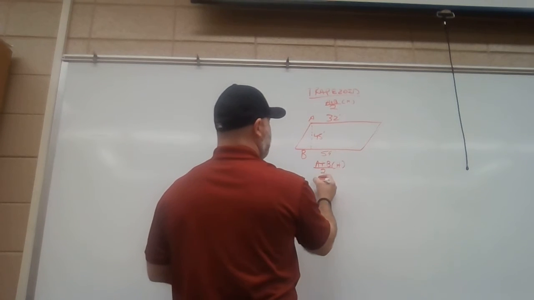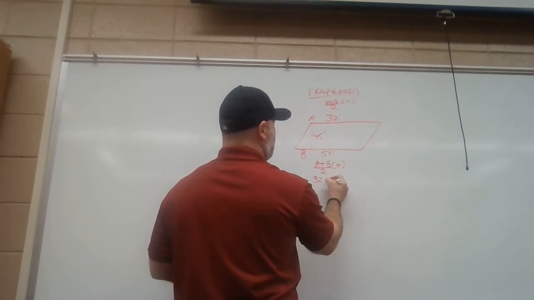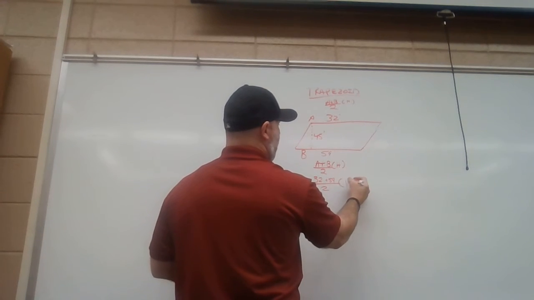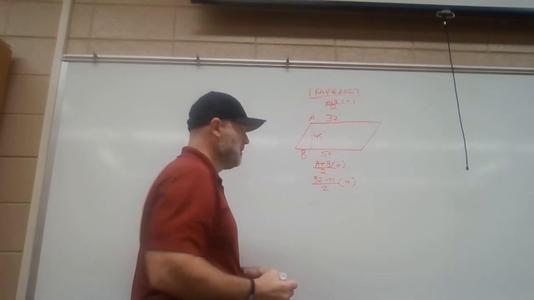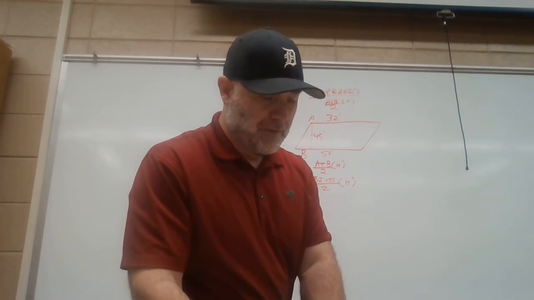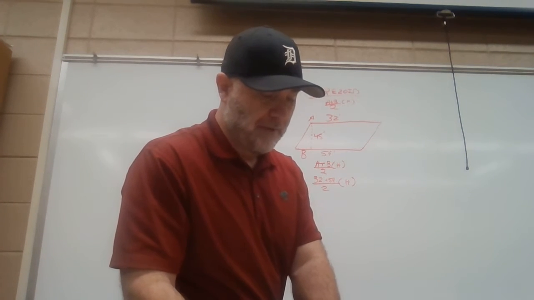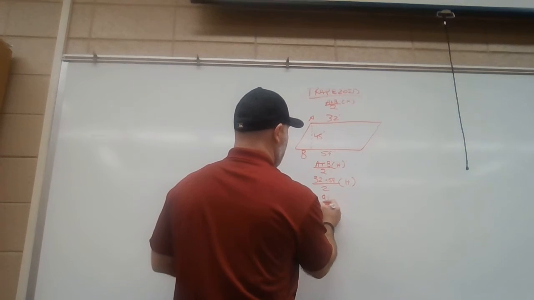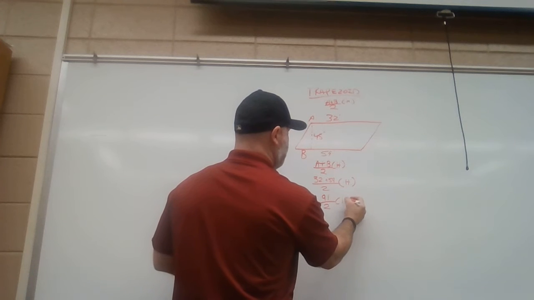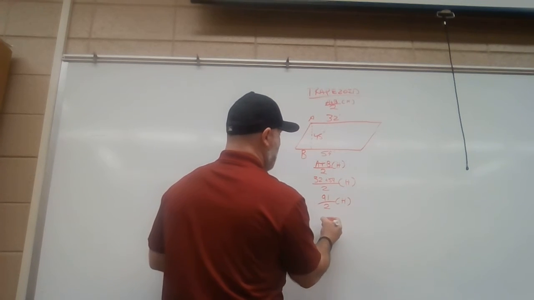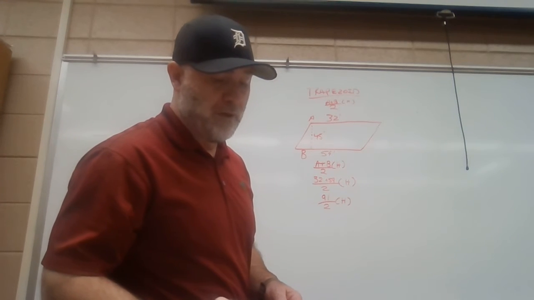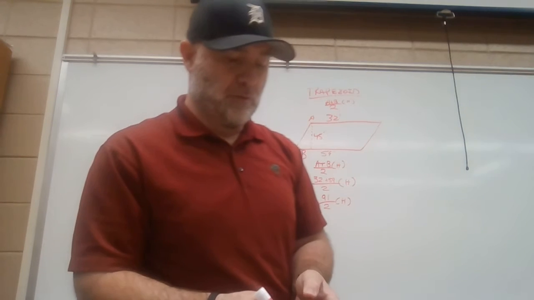So what's A plus B? 32 plus 59. Keep working it. I think we get 91. Then 91 divided by 2. Let me get my calculator real quick.